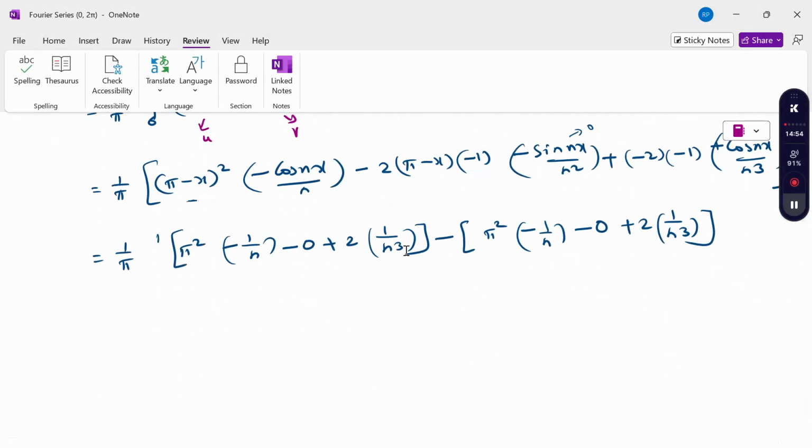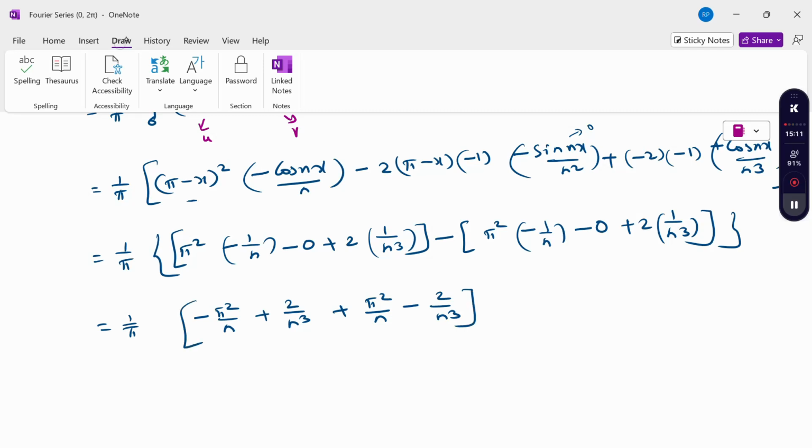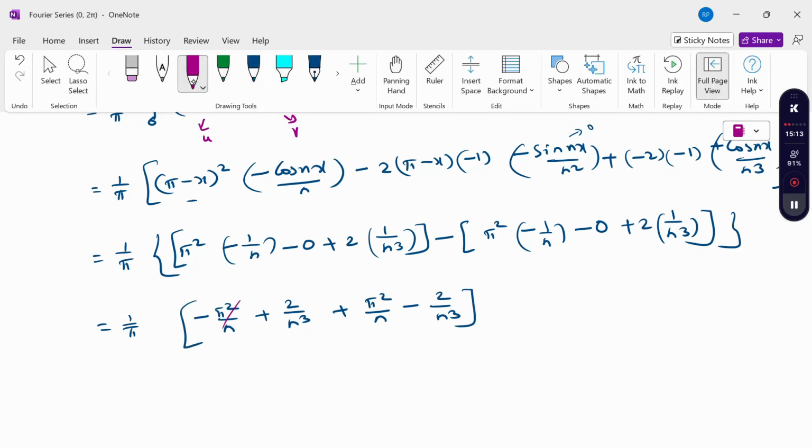Then this is 1 by pi, minus pi square by n plus 2 by n cube. For this, plus pi square by n, then minus 2 by n cube. So to cancel these terms, plus minus, then bn is 0.